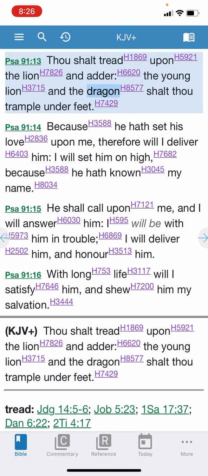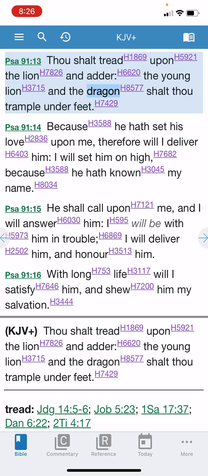You shall tread upon the lion and adder. Weren't we just talking about the lion? Who does the goddess actually symbolize? She symbolizes the lion, right? According to Egypt, Wadjet represents a lion head. But let's keep going. You shall tread upon the lion and adder. The young lion and the dragon shall you trample under feet.